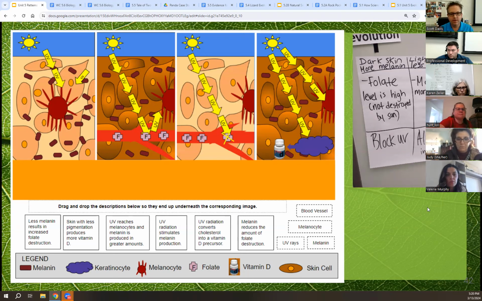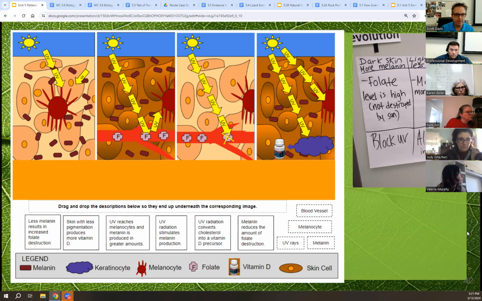So there's this constant trade-off between you need skin that is dark enough to maintain enough folate so that your offspring can develop correctly and increase the numbers of your species, but you also need to have light enough skin with less melanin to allow yourself to make more vitamin D. And so it creates a conversation about, why do we see all these different skin colors?